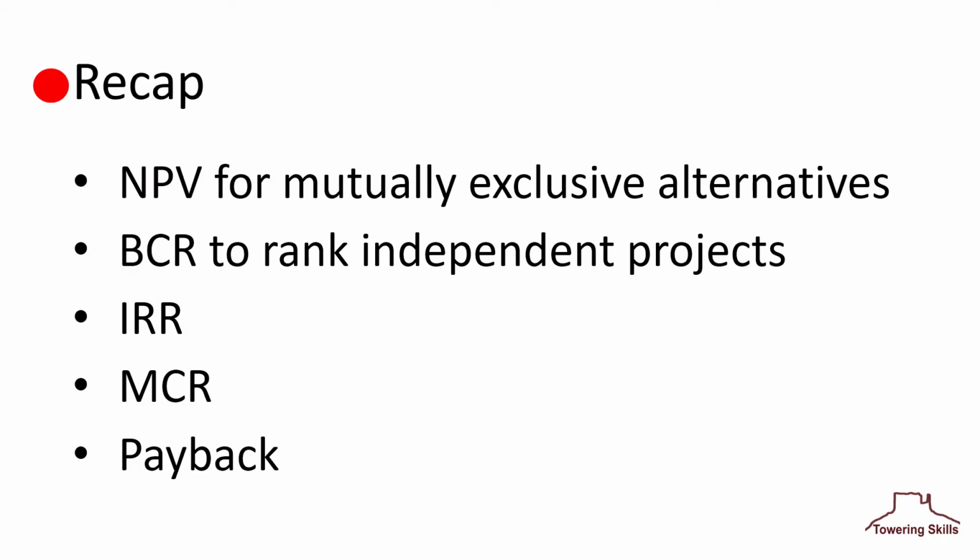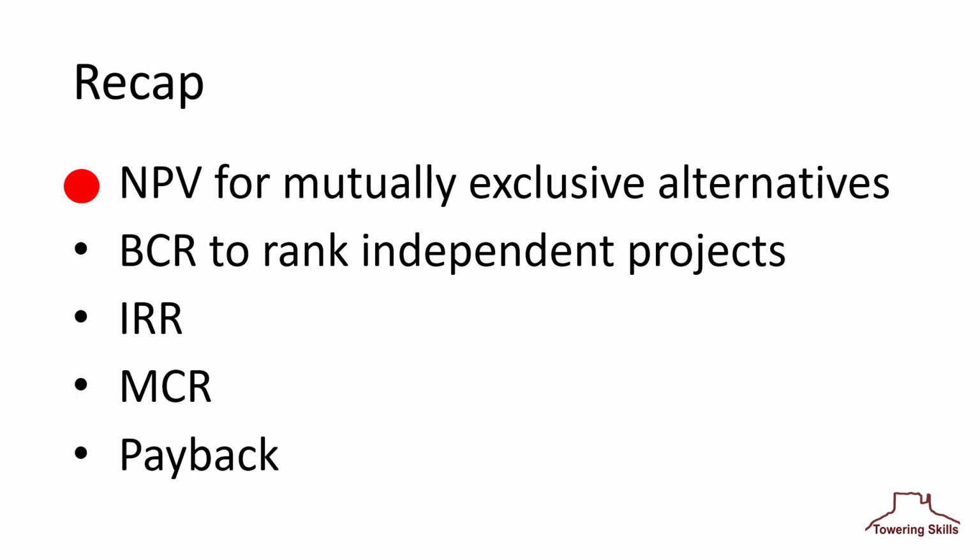To recap, if you calculate the net present value, benefit cost ratio, internal rate of return, maximum capital at risk, and payback, you'll have all the financial measures required both to compare your project to other projects and to sell your project to sponsors and to stakeholders.